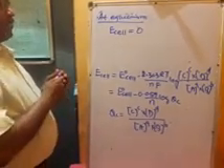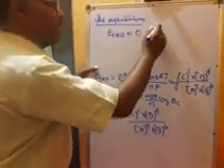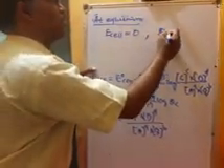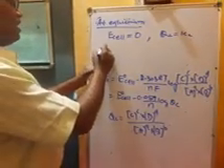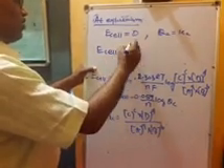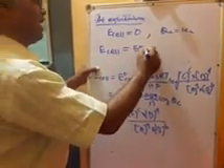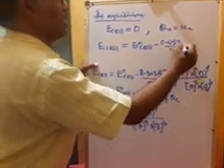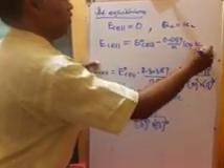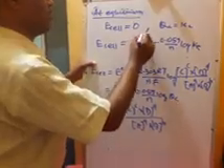If E cell is 0 and the condition is equilibrium, then Qc becomes equal to Kc, the equilibrium constant. Therefore, E cell is equal to E naught cell minus 0.059 by n log Kc. Put the value of E cell equal to 0.